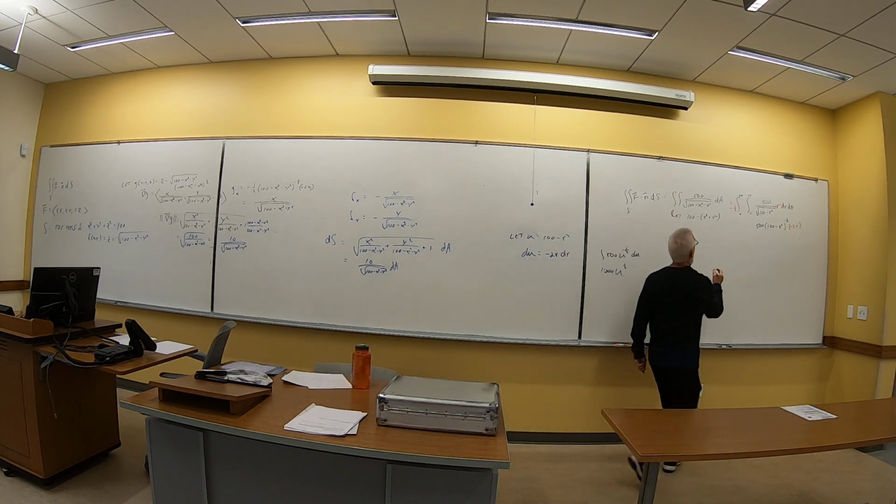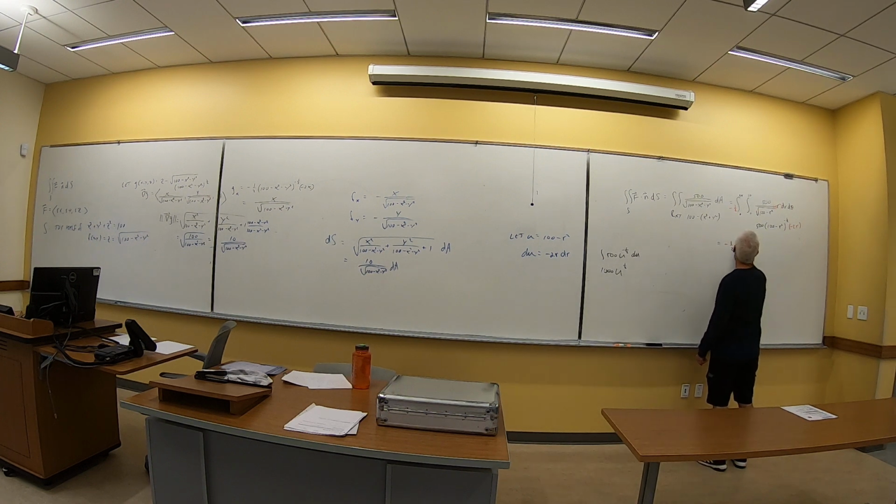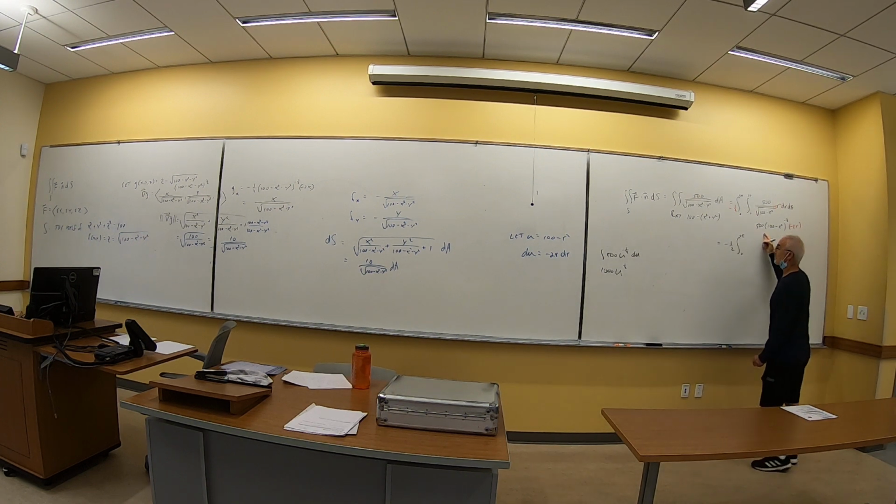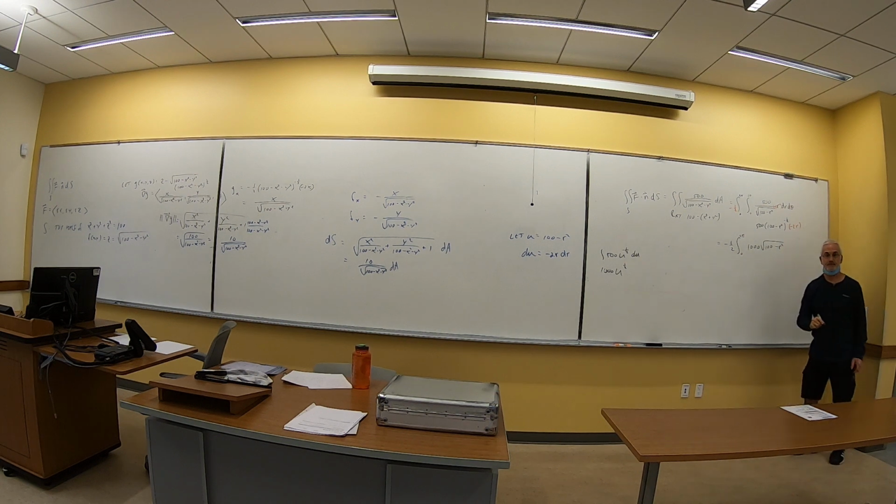Okay, so this becomes 1,000 u to the 1/2, evaluated from 0 to 10 d theta. But I got a negative in front. That's okay. When I evaluate at 10, what do I get? 0. When I evaluate at 0, I get square root of 100, which is just 10.